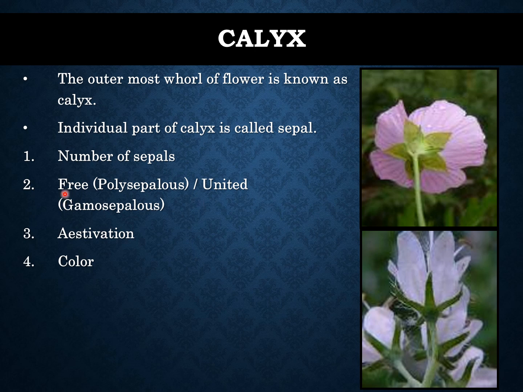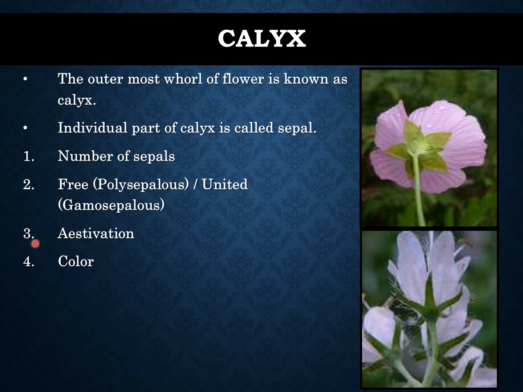The second important character to observe is free or united sepals. When sepals are free, it is called polysepalous condition, and when sepals are fused to each other, it is called gamosepalous condition.